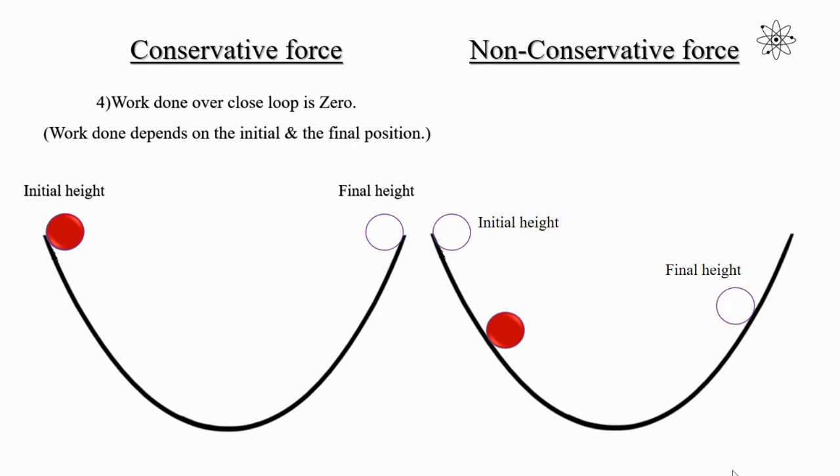So from this we can say work done over a closed loop is not zero, or otherwise this object is not able to reach its original height, hence its initial and final positions are not the same. So we can write the conclusion: work done over a closed loop is not zero in the case of a non-conservative force. Let's summarize the difference here.